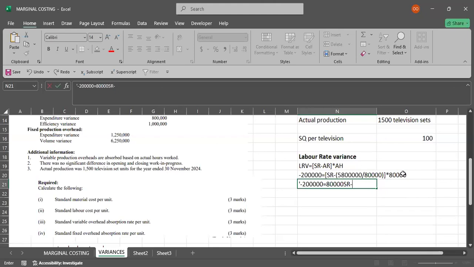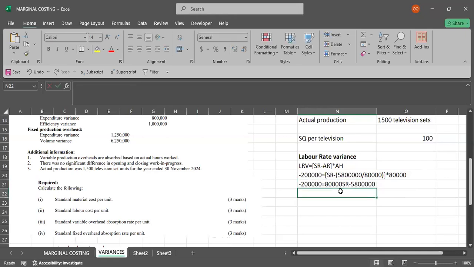Then actual rate I multiply by actual hours. If I divide by 80,000, then I multiply by the same 80,000, automatically, 80,000 will cancel out, and I remain with 5,800,000. Right? Good. That is what I'm having.